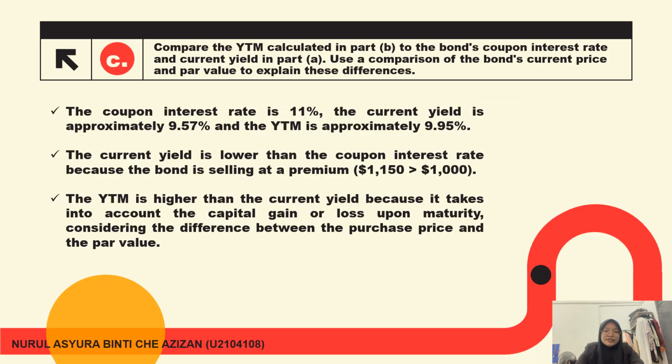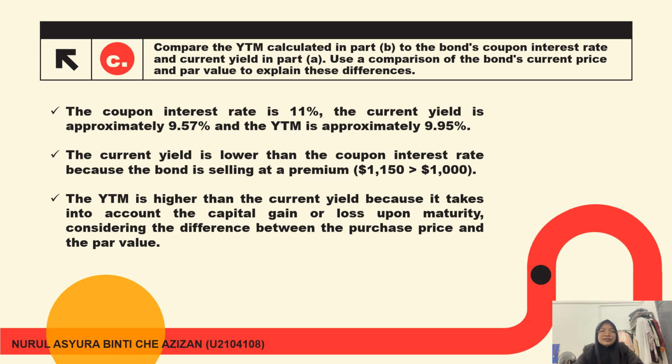Next, question C. Compare the YTM calculated in part B to the bond's coupon interest rate and the current yield in part A. Use a comparison of the bond's current price and par value to explain these differences. Firstly, the coupon interest rate is 11%, the current yield is approximately 9.57% and the YTM is approximately 9.95%.